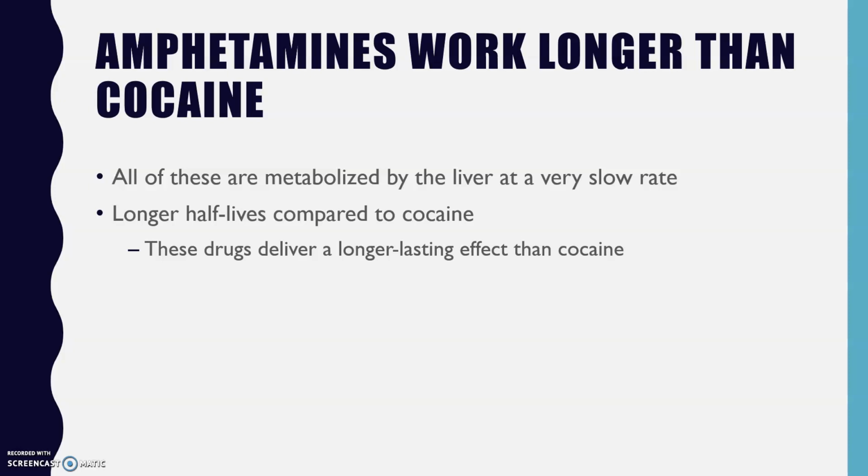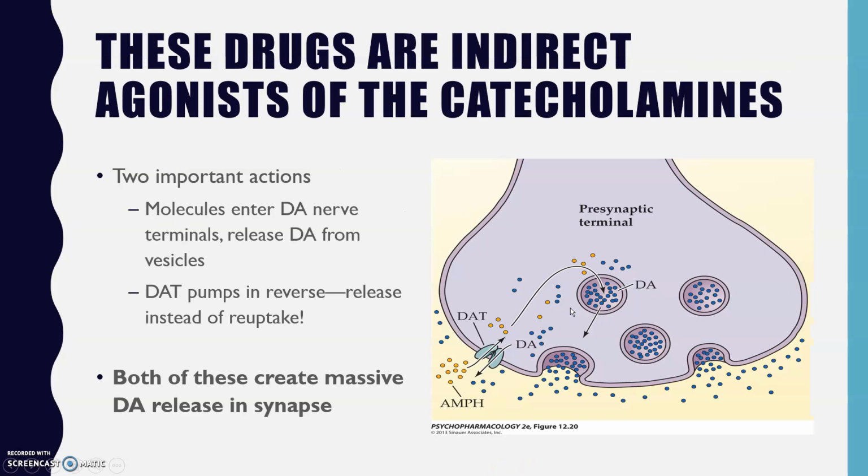They tend to be metabolized by the liver at an incredibly slow rate, and compared to cocaine, they have a longer half life. That means that they are generally going to deliver longer lasting effects than cocaine, and they will also be in your system for longer. What's interesting is that these drugs are what we call indirect agonists of the catecholamines.